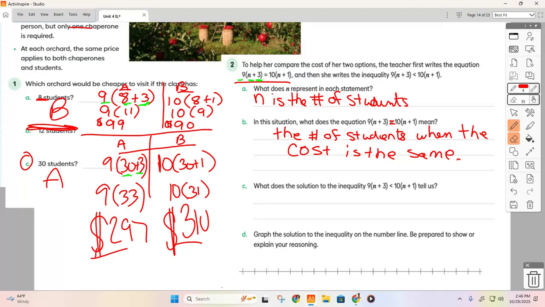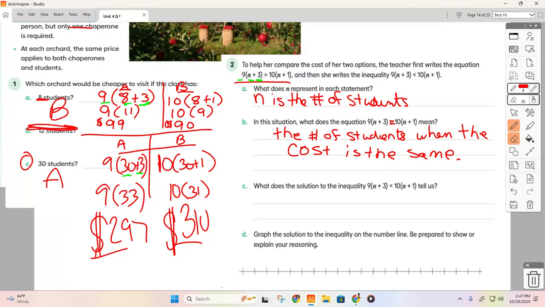Look at part C. This time they put an inequality sign instead of an equal sign. Raise your hand and tell me, what is this answer telling us? B was telling us the number of students when the cost was the same. What is C telling us?